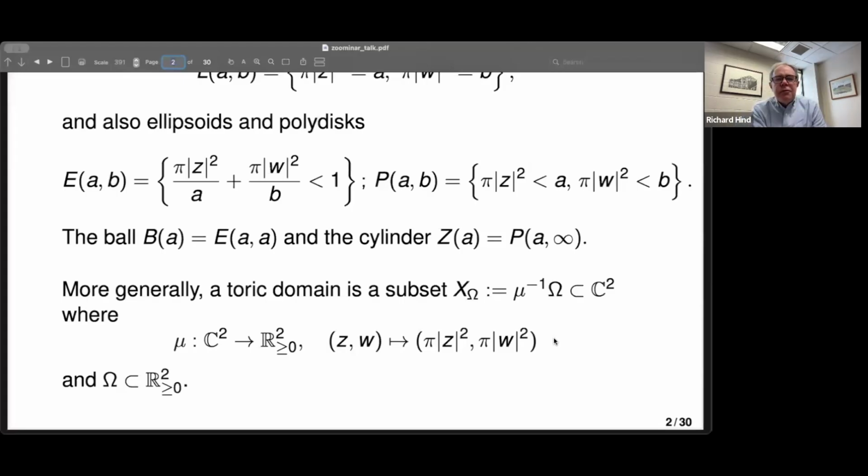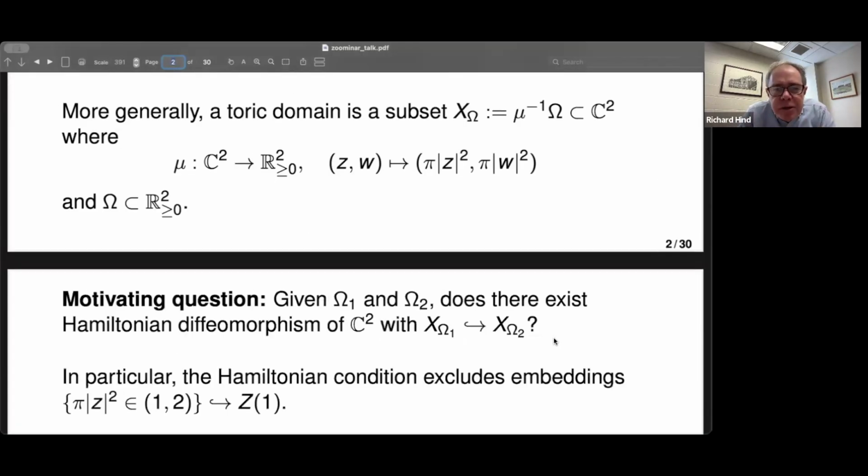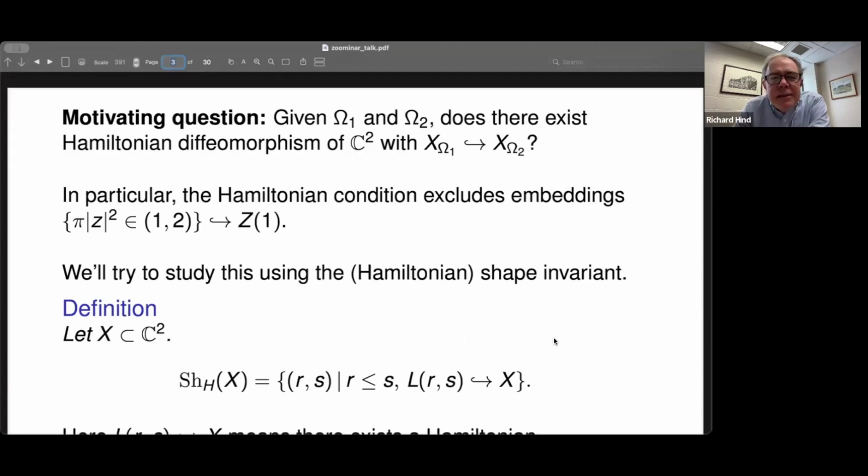So the motivating question for us: if you're given two subsets Omega-1 and Omega-2 of R2, they correspond to toric domains. Does there exist a Hamiltonian diffeomorphism taking one domain into the other? This is a version of the symplectic embedding problem. First of all, I'm restricting to toric domains.